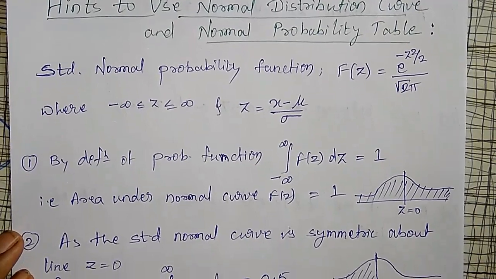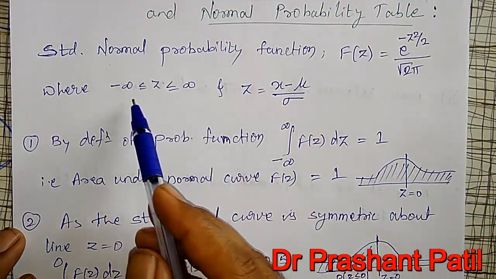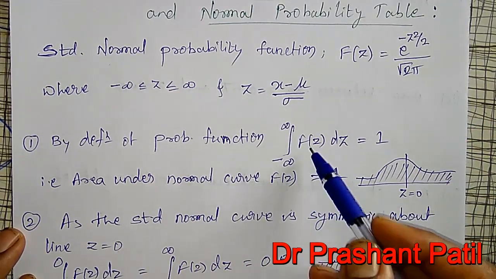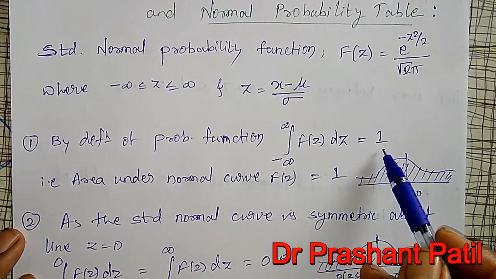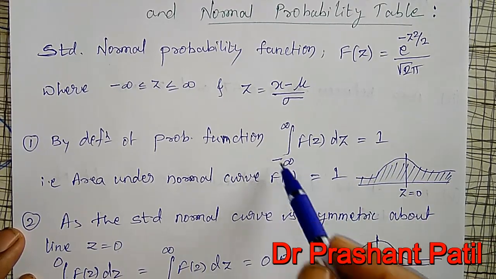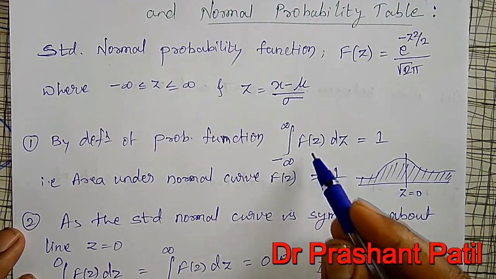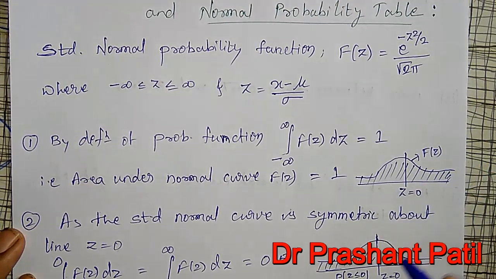And by the definition of a probability function, if we integrate as z is varying from minus infinity to plus infinity, it must be equal to 1. We know that. Therefore, this integration represents the area under the curve f of z. This curve is nothing but the f of z curve.